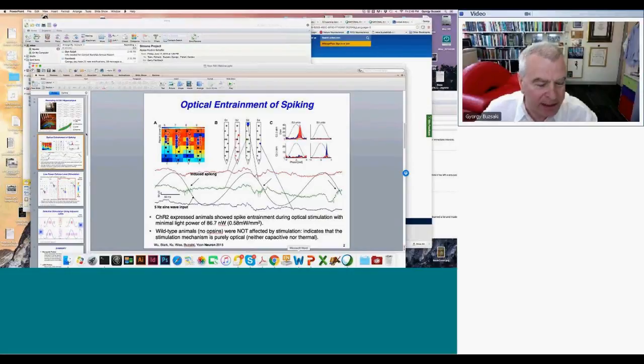So now we are stimulating either the lowest or the top micro LED. What you can see here is that when the bottom one is stimulated, there is a nice entrainment of this particular neuron, but not when the other LED is activated. Vice versa, when the top LED is activated, then the nearby neuron is activated, but not the one which is about 200 microns away.